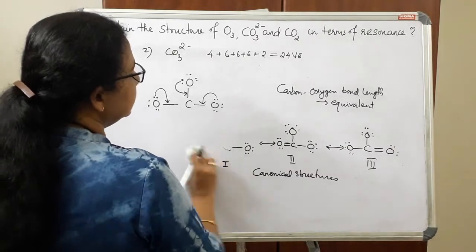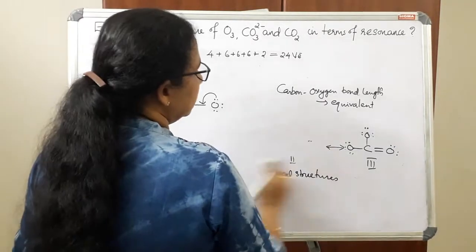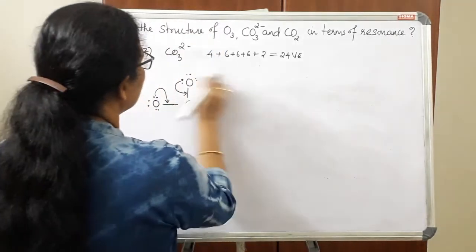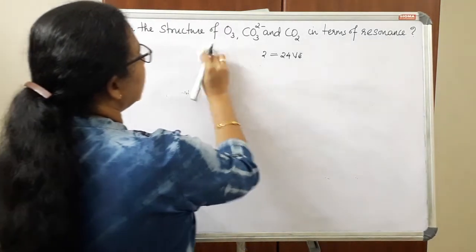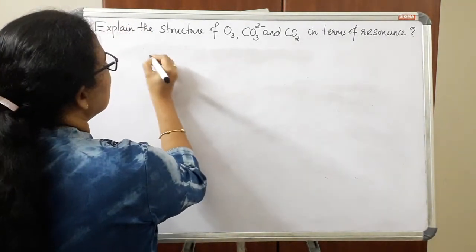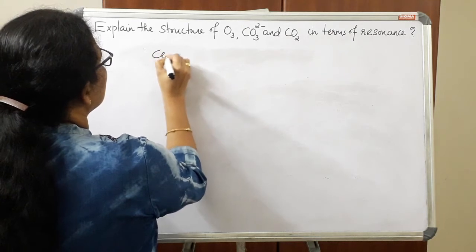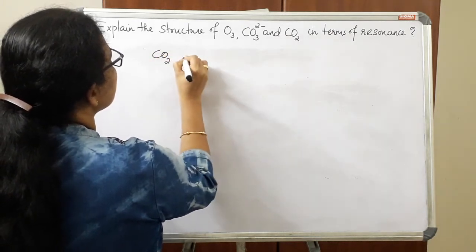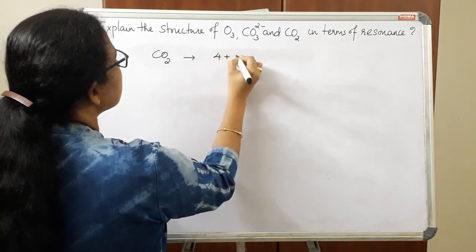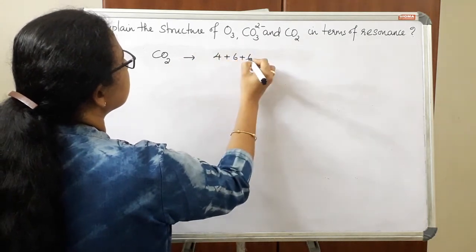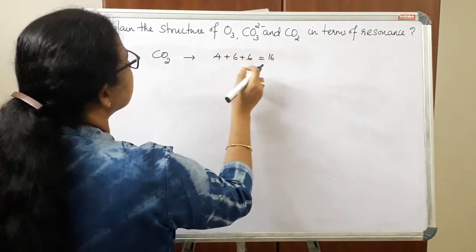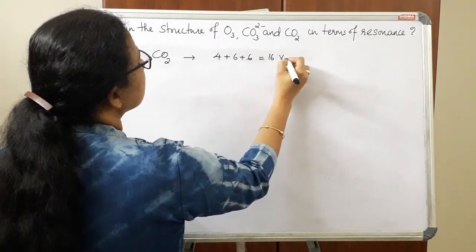Now let us consider another molecule, that is CO2, carbon dioxide. In the case of carbon dioxide, we can draw the resonance structures also. First of all we can draw the Lewis structure. There are 4 plus 6 plus 6, 16 valence electrons.